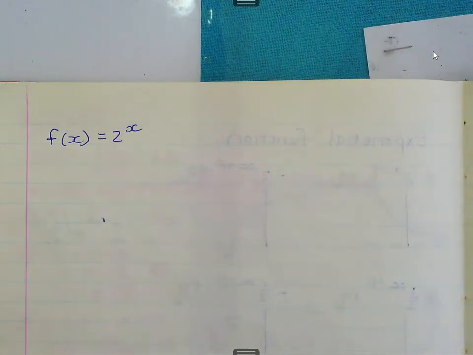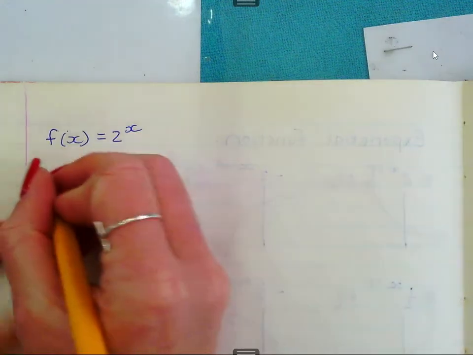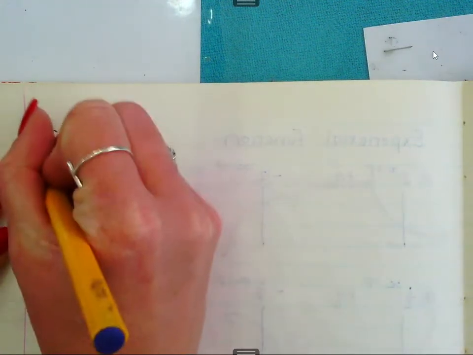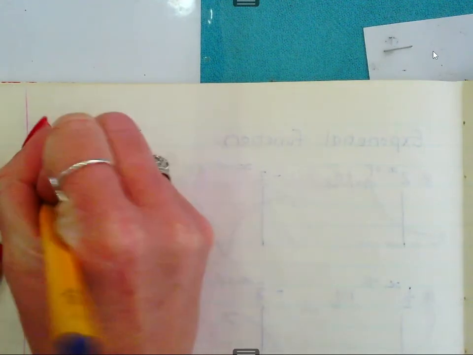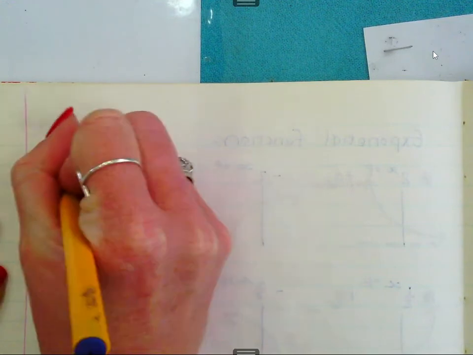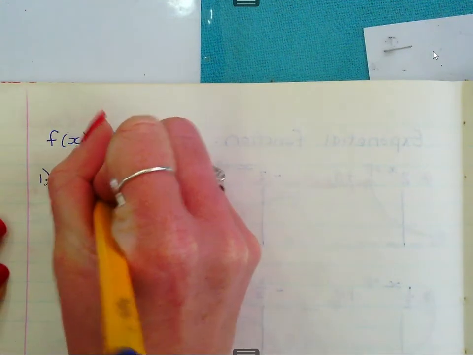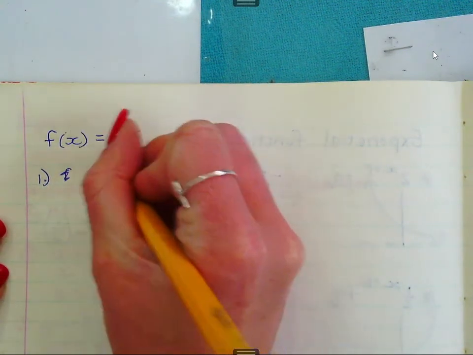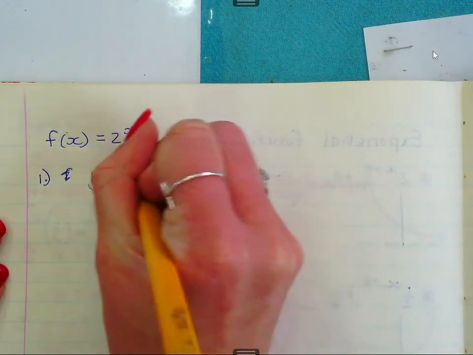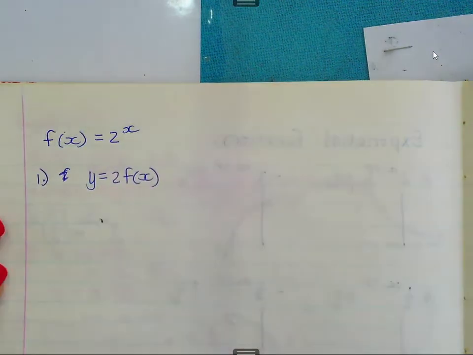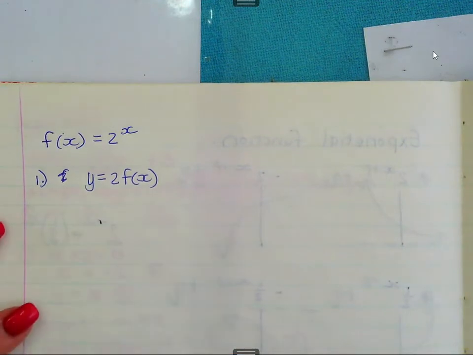I want to show you what happens. They can ask you to find y equal to 2f of x. You need to find the equation of that one. They will normally say, we now have graph h.